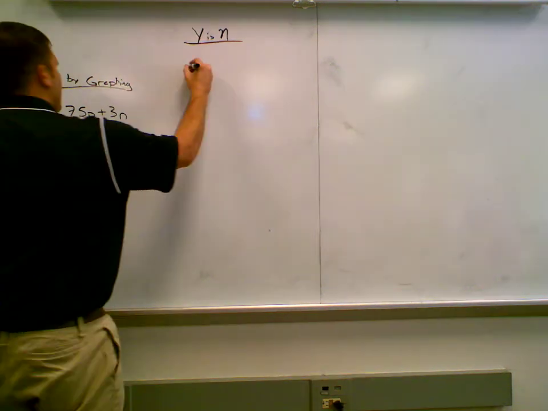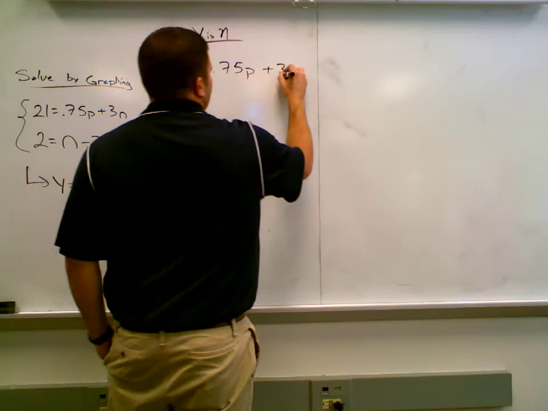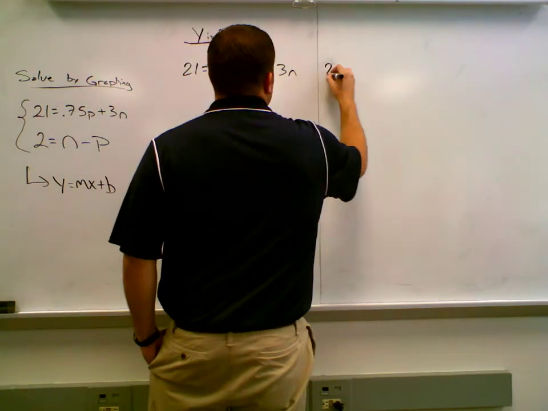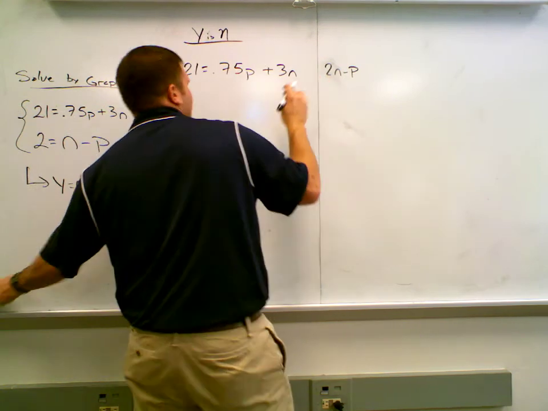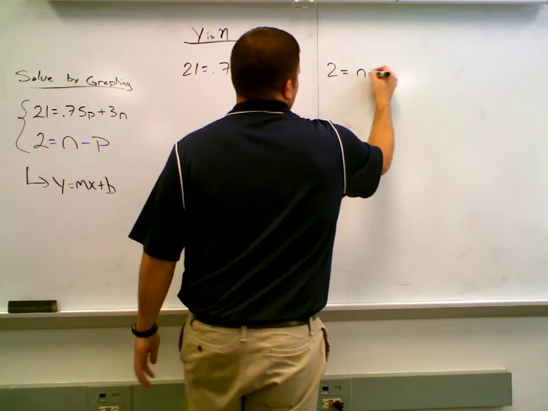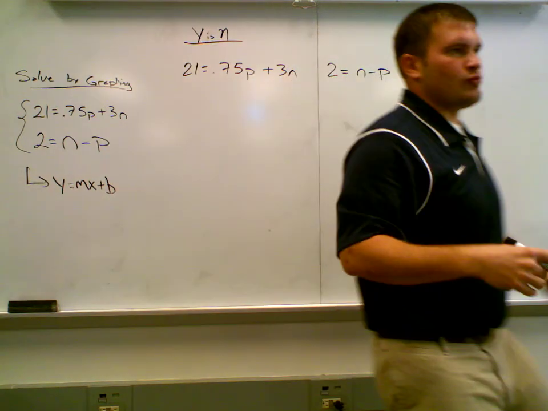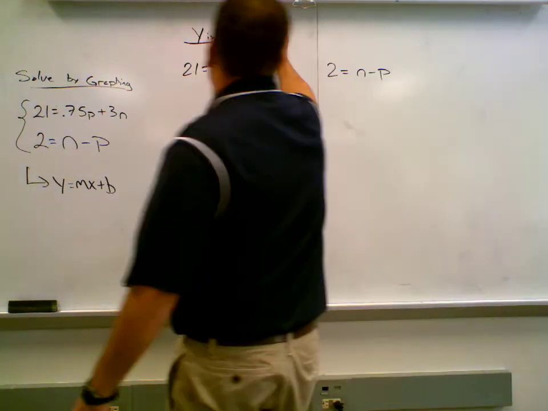We have two equations: 21 equals 0.75p plus 3n, and 2 equals n minus p. Those are my two equations. And what am I going to solve for? N. Perfect, because y is n.